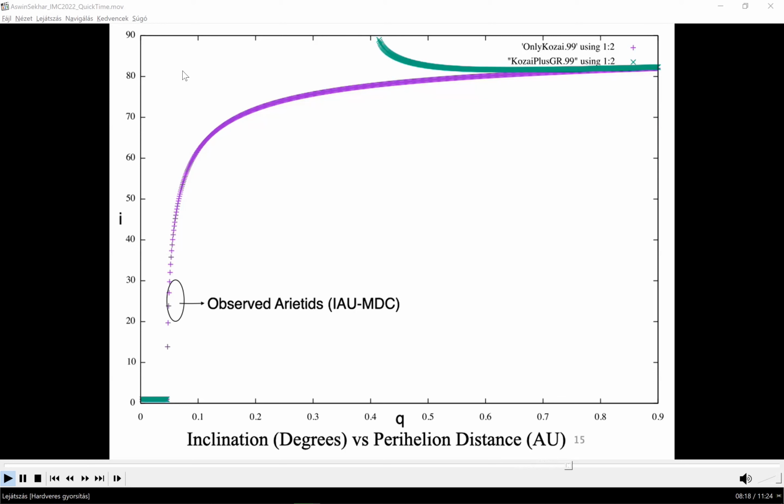In short, one could say that it is this small q which drives the relativistic precession, and this relativistic precession can change the dynamical evolution of these bodies in such a way that it can delay the falling into the sun or prevent many substructures in the meteoroid stream from falling into the sun.